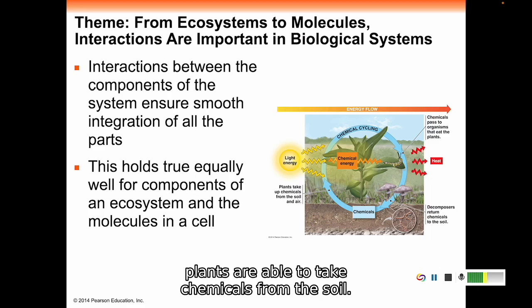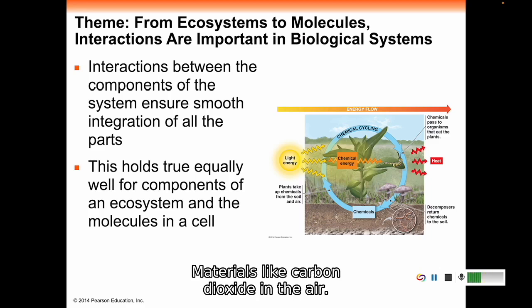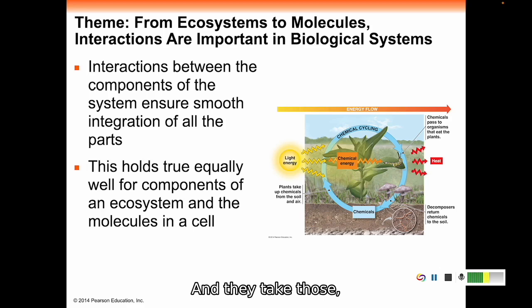So the plants are able to take chemicals from the soil, materials like carbon dioxide in the air, and they take those chemicals, those materials, and convert those into sugar, which makes the plant grow.